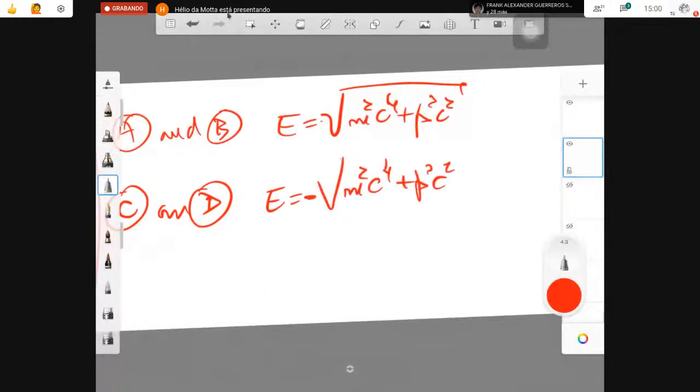So those are for the antiparticle. Okay? Now, you're almost done.